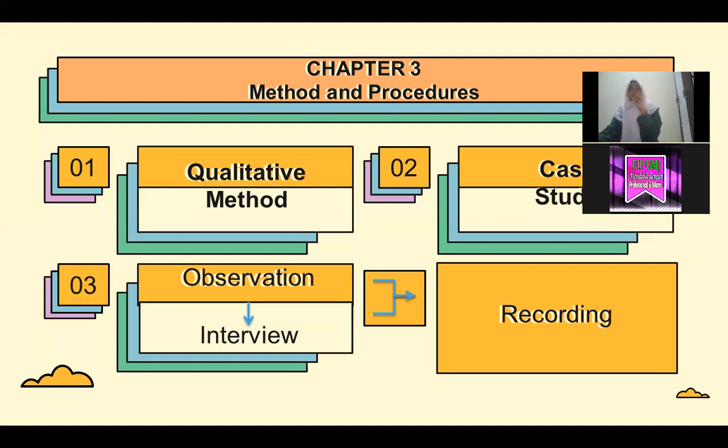In case study research, in my opinion, the case being studied or researched can be an organization or an individual action, or even something that occurs at a certain time and place.